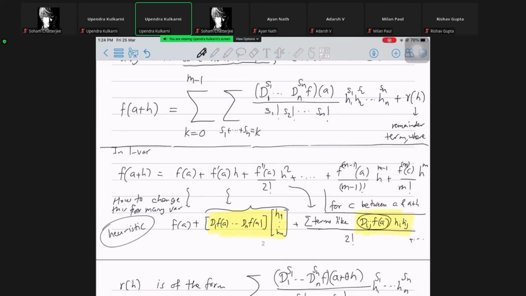All I'm trying to say is that I don't have a very good answer here. But since I applied both the operations, del by del xi and del by del xj, somehow I have to take into account how much I'm stepping in the ith direction as well as the jth direction. To account for that, I'm multiplying by hi as well as hj. But it's not really a very good analogy, because then why am I dividing by 2 factorial?